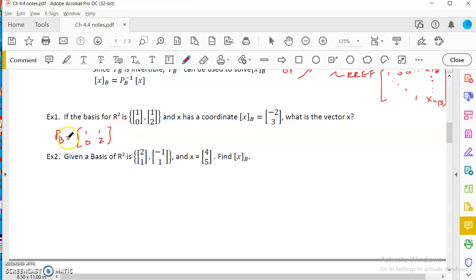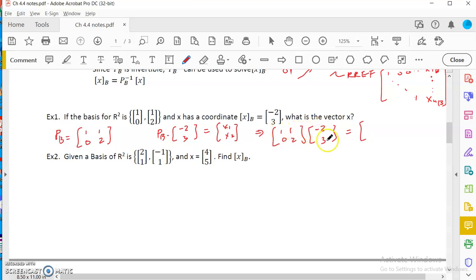So PB is this, and then the equation is PB times XB, which is -2, 3, equal to x1, x2 in the standard basis. So all we do is a matrix multiplication, which is 1, 0, 1, 2 times -2, 3.